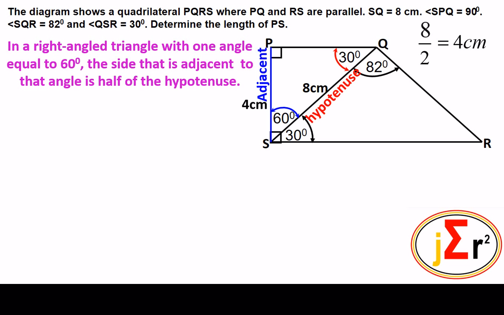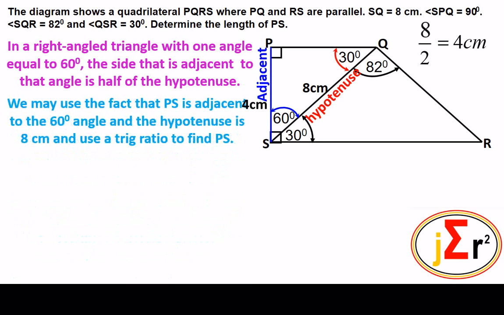That should be very useful, just in case you make a mistake. With the other method, you already know what the correct answer should be. We may use the fact that PS is adjacent to the 60 degrees angle and the hypotenuse is 8 centimeters, and use a trig ratio to find PS.